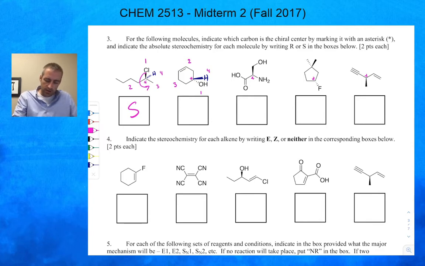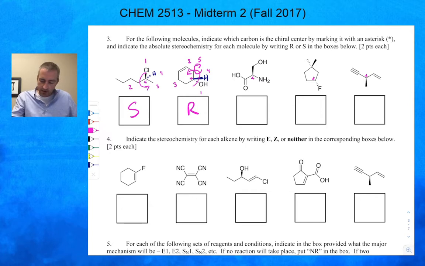So what we can do is just ignore that fact for the moment and go from highest to lowest priority, which is around this way, which is S, and realize that we have it oriented the wrong way. We don't have it oriented with the lowest priority group back. So what we do is just flip the sign of whatever we get, and we have R in this particular example.